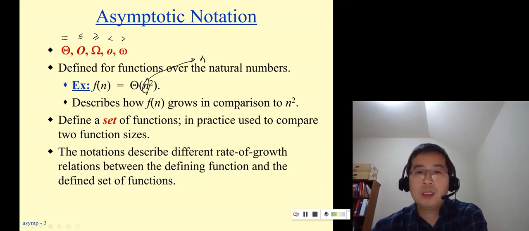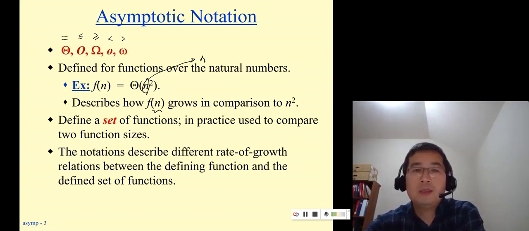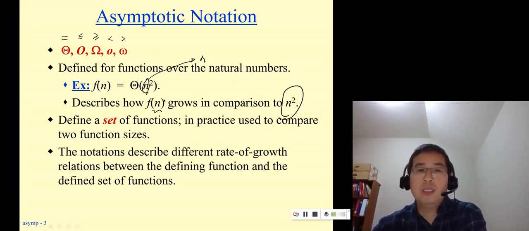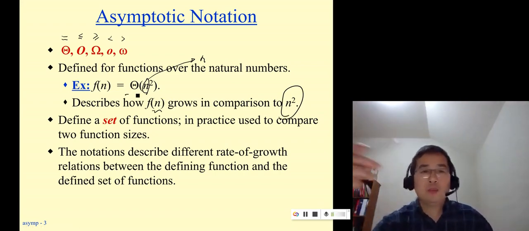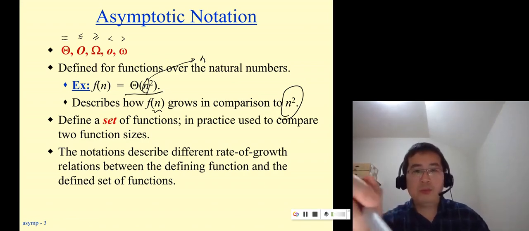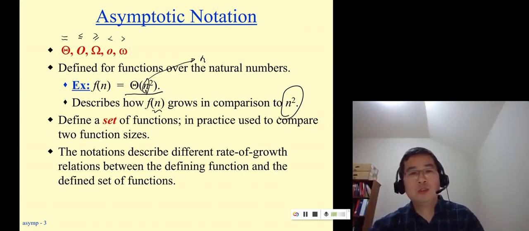So rather than use just the original n squared, we ask which group f of n belongs to. That's the trend. We want to know the trend rather than the exact complexity. If n squared or 2n squared, they're the same. The trend is the same.